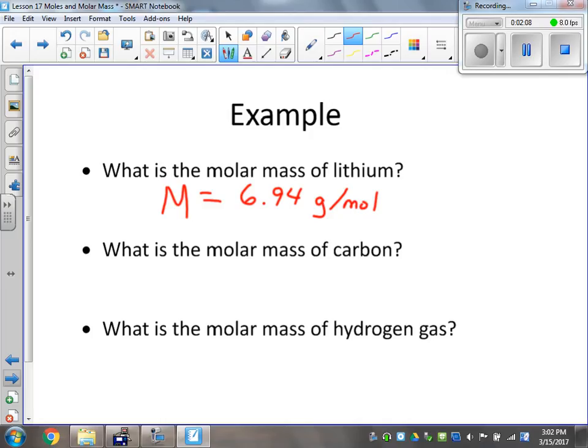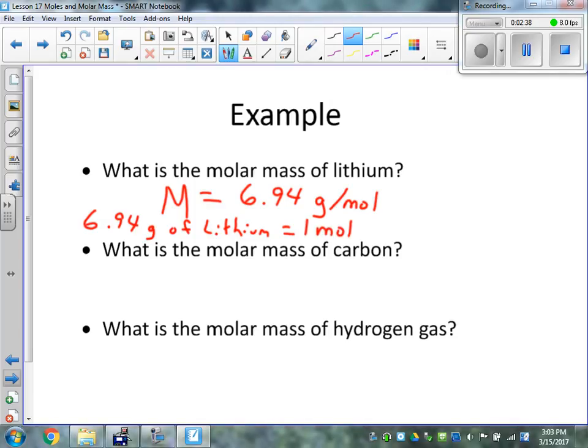If I took 6.94 grams of lithium and put them on a scale, so we have some lithium in the back room, if I cut off exactly 6.94 and put it on the scale, I would be weighing 1 mole of lithium.